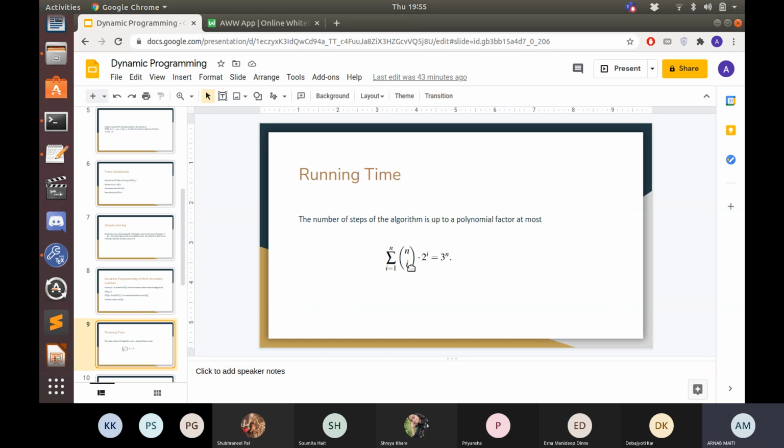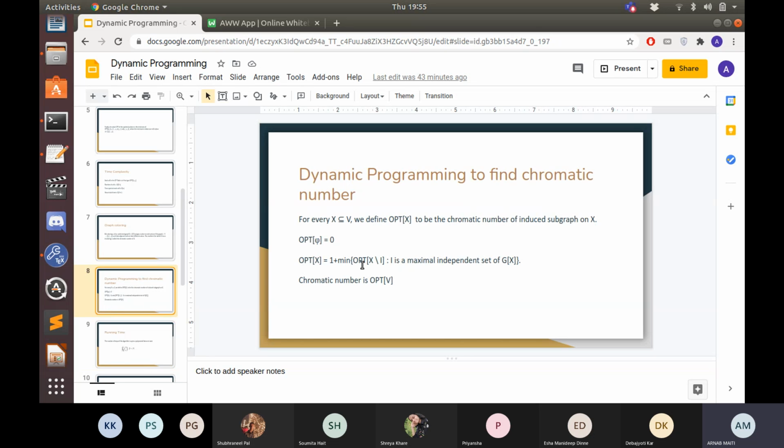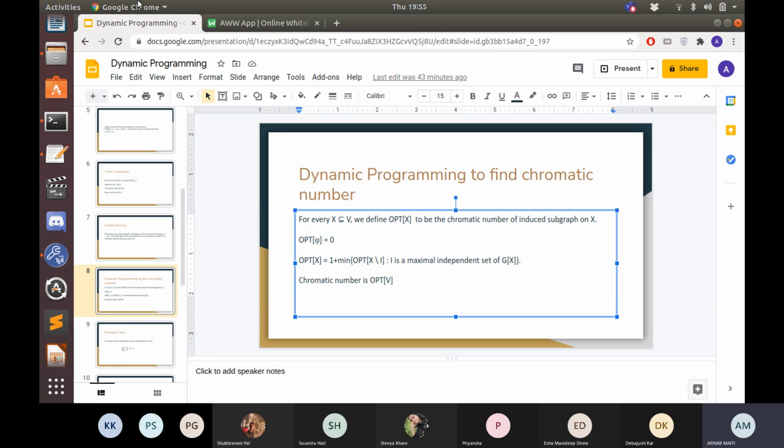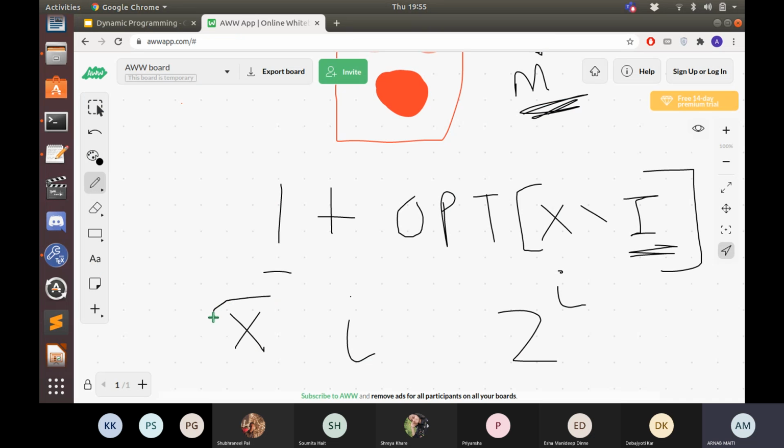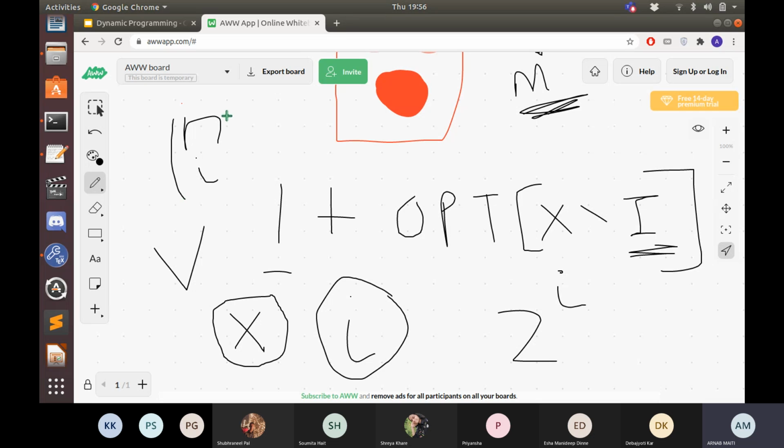There are n choose I possible sets X. What is the total number of sets X, subsets of V, such that its size is I? It's n choose I, because you have n elements in V and you have to choose I elements from it to create the set X.